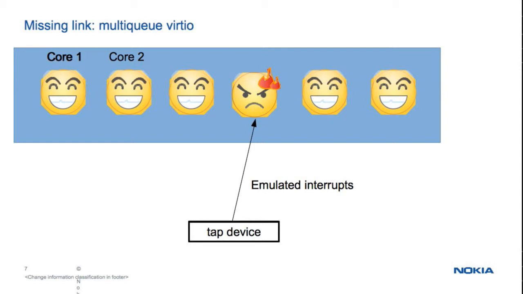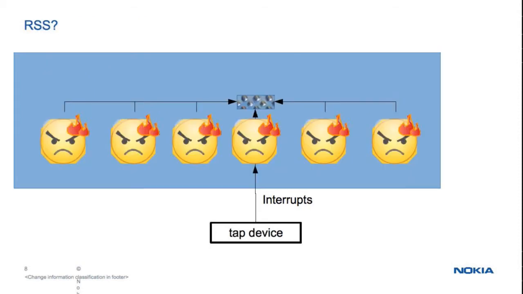If you look inside the virtual machine at the CPU loads of the different virtual CPUs, you can see that one of the CPUs is getting overloaded. One thing that can be done is a trick called receive side scaling, or RSS, and that can be done inside the VM.